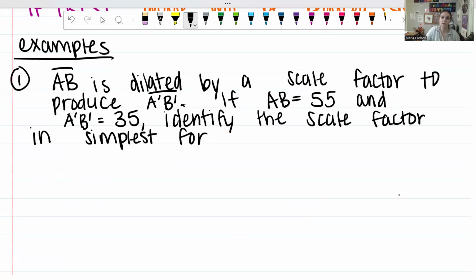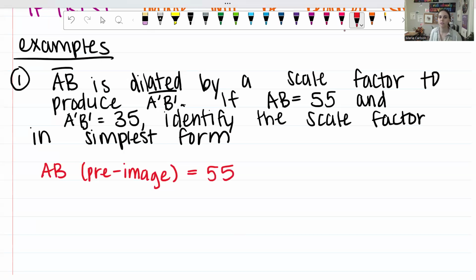All right, so AB, that is our original. So this is considered our pre-image, and it equals 55. Now, this has been dilated by a scale factor to produce A prime B prime. So this is then our image, and it is 35 units.